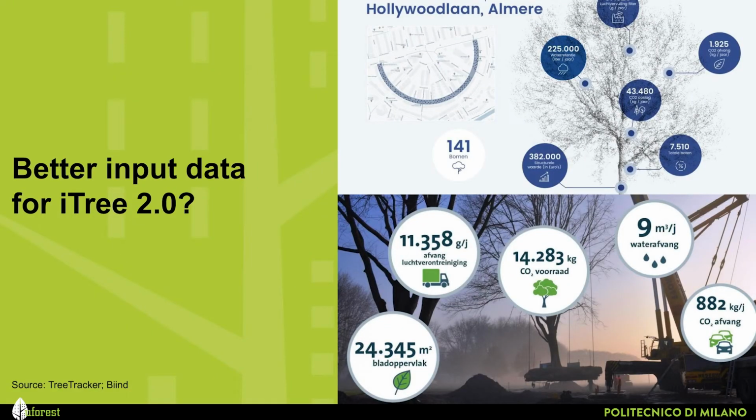But if we can drastically, radically increase the accuracy of that input, that's going to mean that we have much better iTree output, ultimately meaning that we'll be able to make much better estimations of what each and every single tree in that urban forest does for us. How much stormwater does it filter? How many air pollutants does it filter?